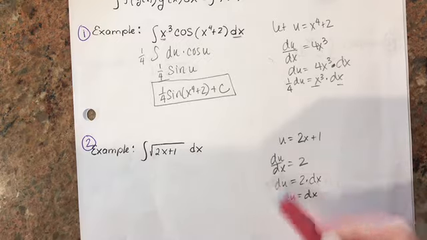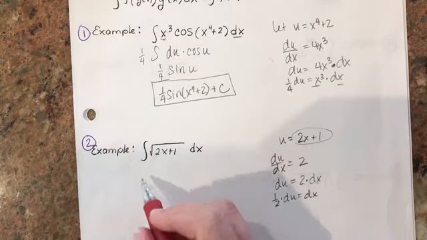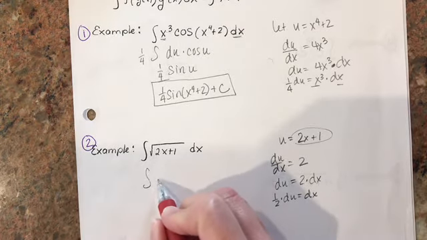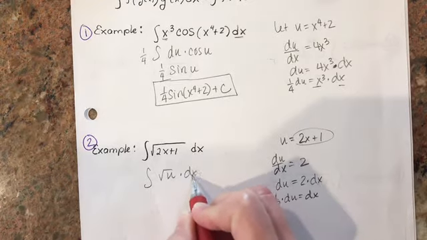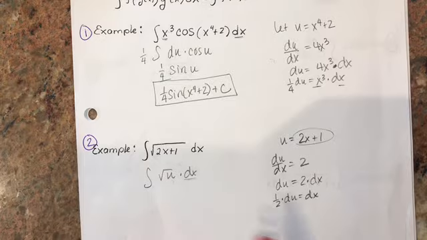I like to do this algebra work over here and then plug in what we know. So I'm going to write this as the integration of square root of u times dx. All I did was replace that. Now let's replace this dx with the 1/2 du.